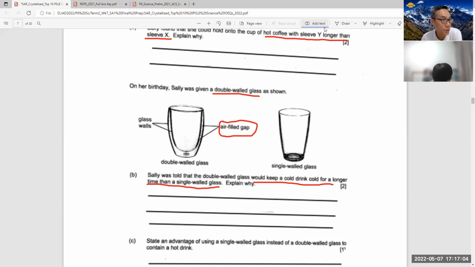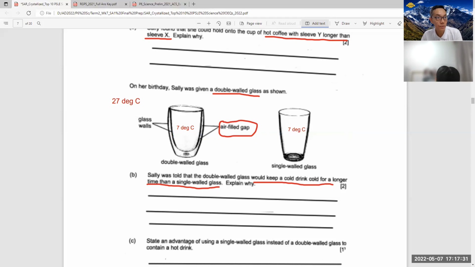You can annotate by writing, for example, the environment is 27 degrees Celsius, and the cold drink is at 7 degrees Celsius. Just a hypothetical example. Both drinks are 7 degrees Celsius.